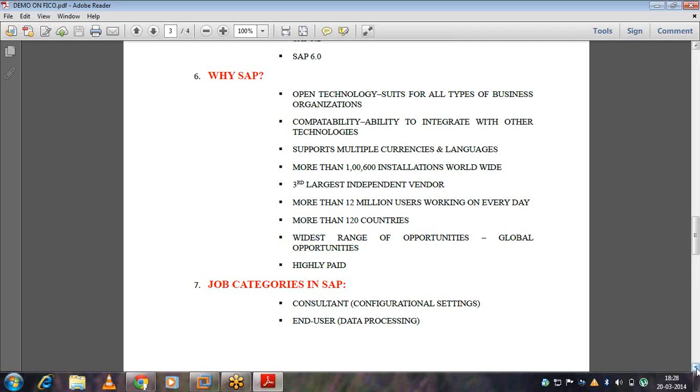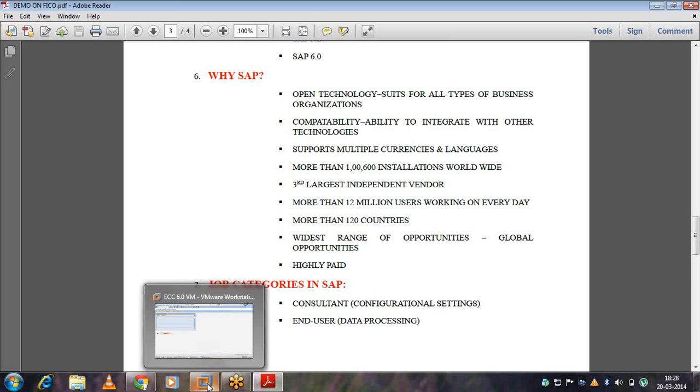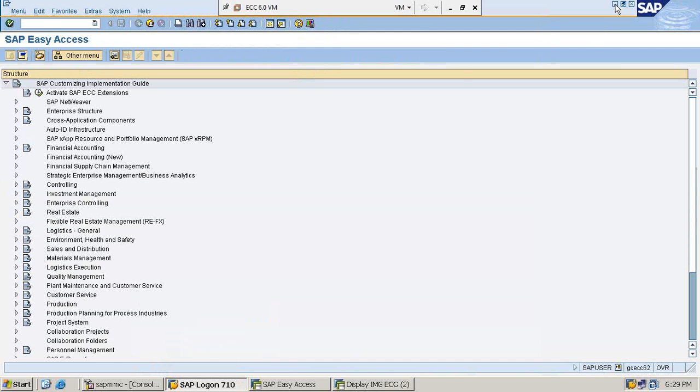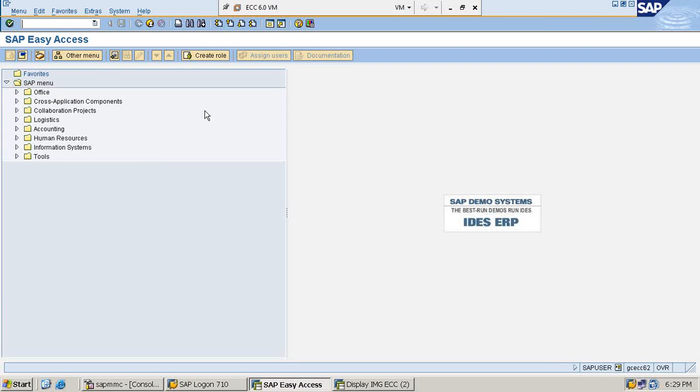End user is a person who is responsible for data processing and also for reports generation. In real time of an organization, end user will be engaged in data processing.